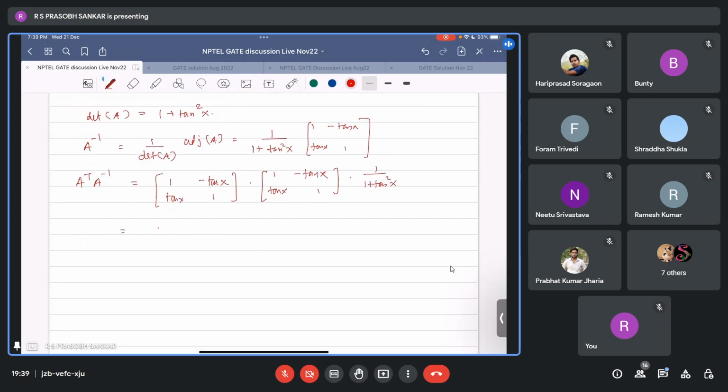So multiplying, we get 1 minus tan square x, minus 2 tan x, then 2 tan x, and 1 minus tan square x. Again, if I make any mistake, please let me know.